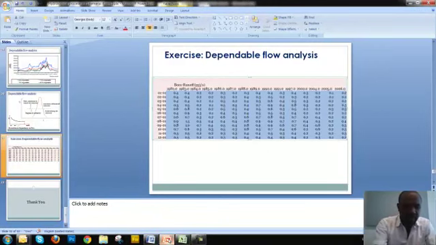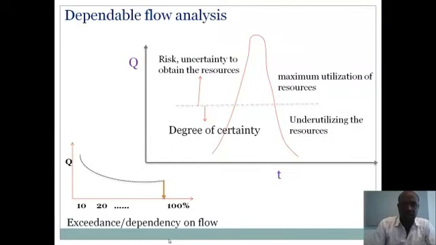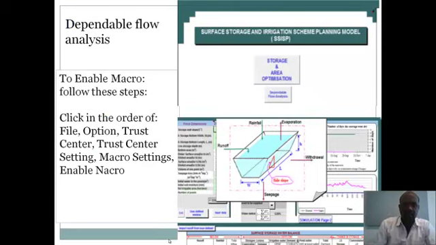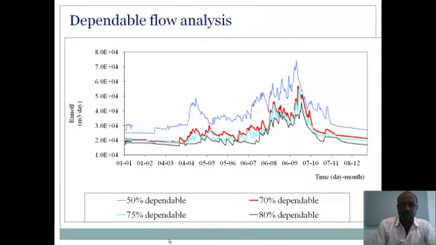And then this software, which we call SSICP, will generate dependable flow like this. For example, as we can see, there is a black one with 80% dependability, and also the blue one with 50% dependability.